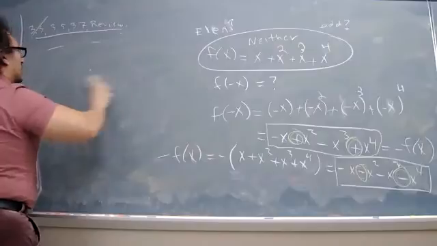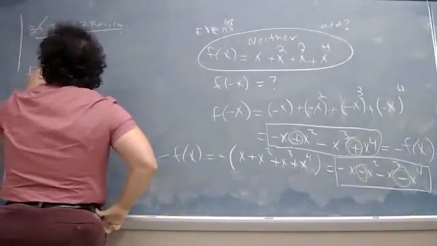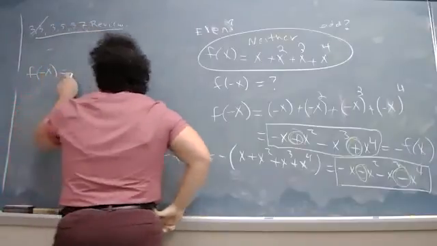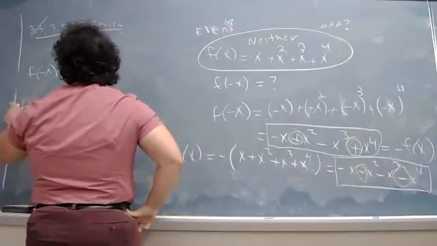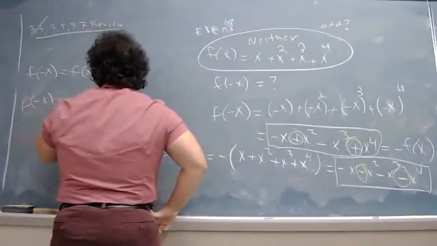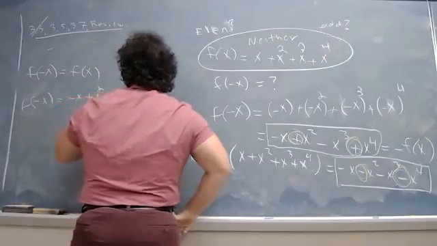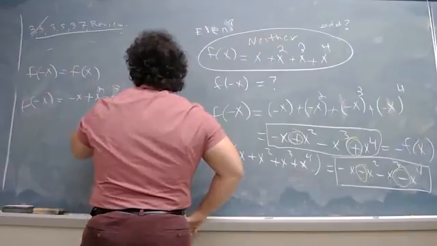And let me show you why it's not even. For a function to be even, f of negative x needs to equal f of x. But our f of negative x was equal to negative x plus x squared minus x cubed plus x to the fourth.